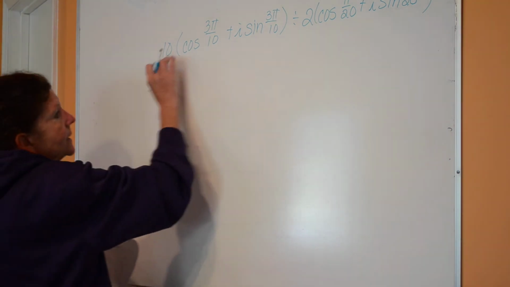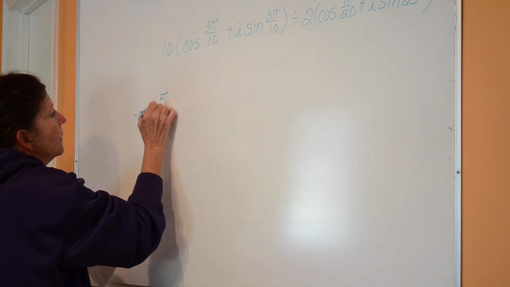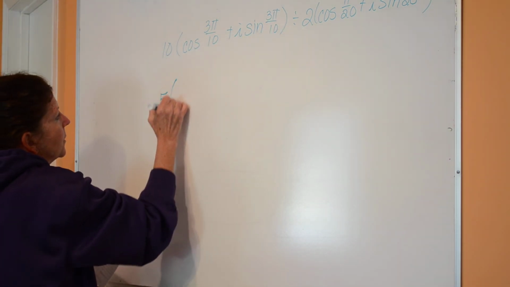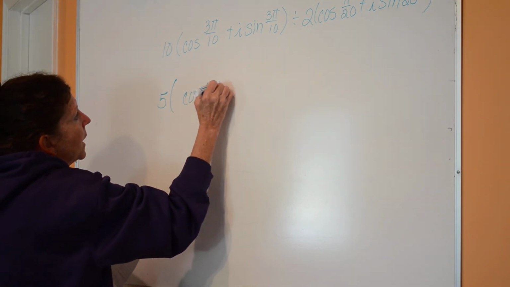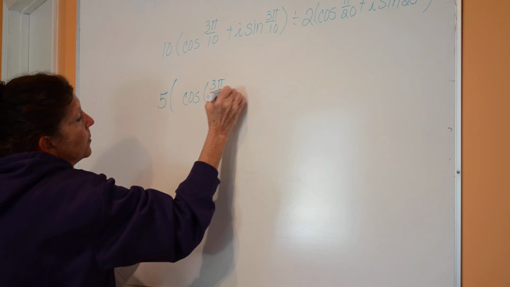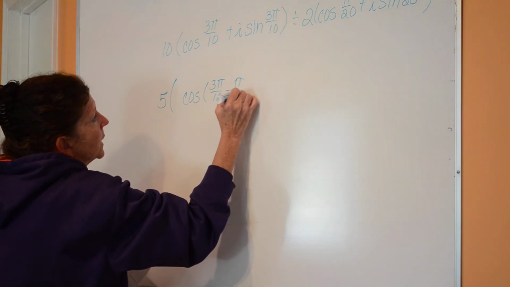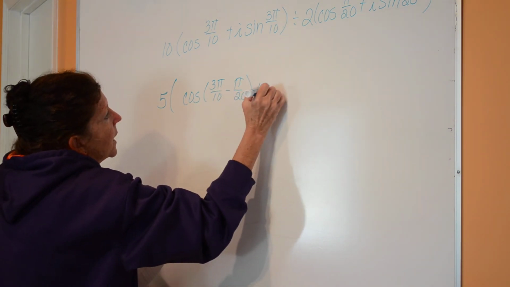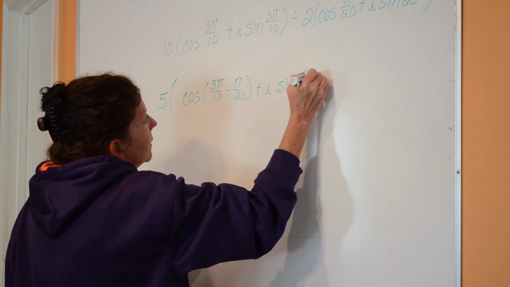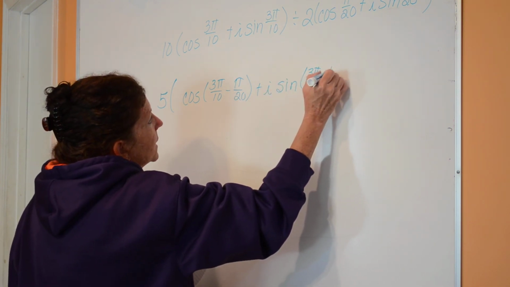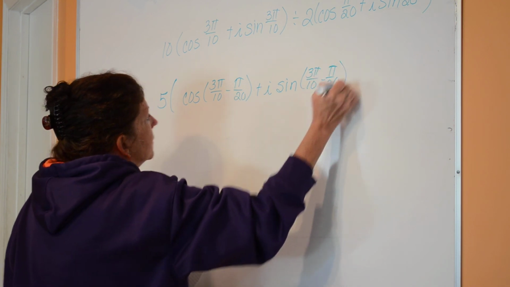All right, I'm going to take 10 divided by 2, which is 5, times the cosine of 3 pi over 10 minus pi over 20 plus i times the sine of 3 pi over 10 minus pi over 20.